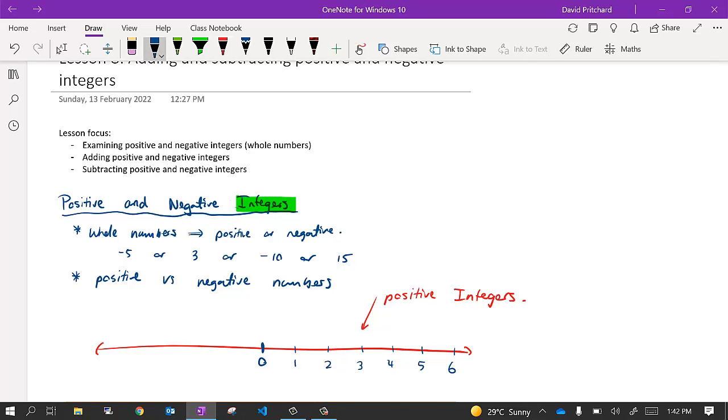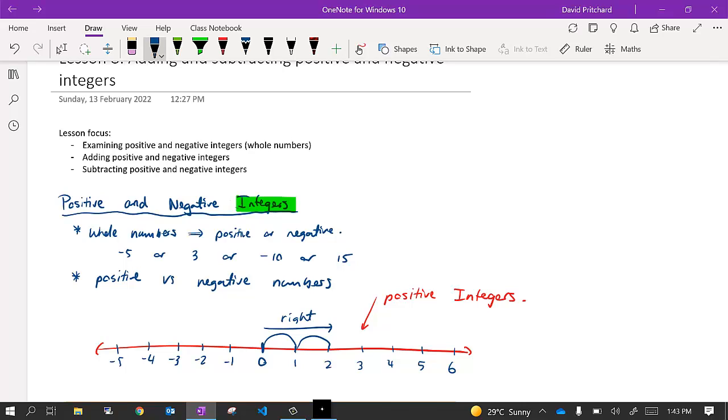Now, the idea really is that to go from 0 to 2, we've got to go 2 jumps. So 1, 2 jumps in the right direction. If we're moving into negative land, 1, 2, 3, 4, 5, it's the same but opposite, so it's mirrored. So -1, -2, -3, -4, and -5. The idea is that it's the same distance away.